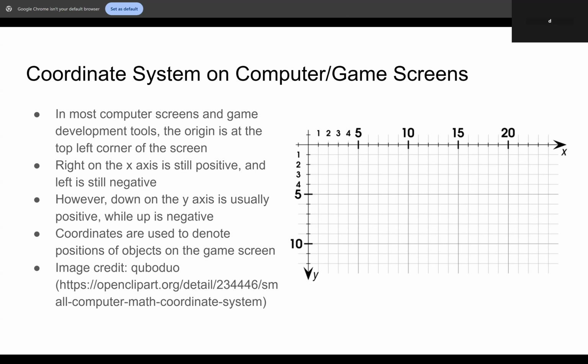Because I have run across some game development tools where the Y is positive in the up direction. So it kind of breaks that convention that we talked about for computer screens. So just make sure that you read the tutorials or documentation for whatever tool you're using.